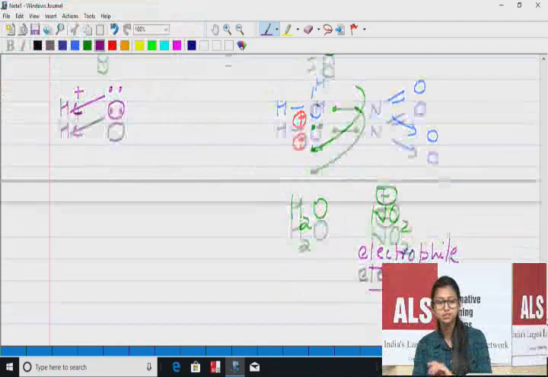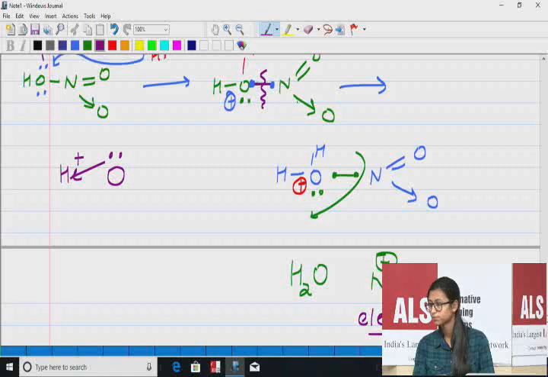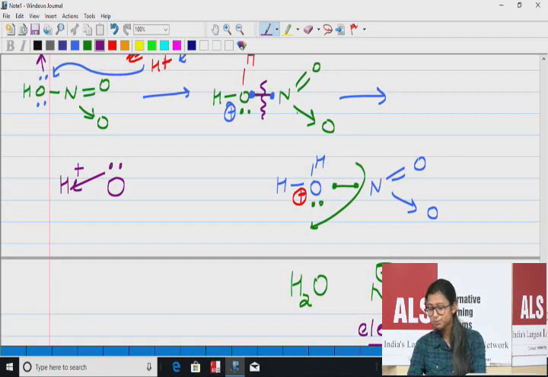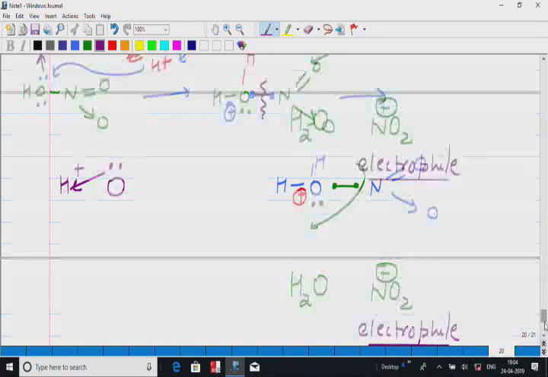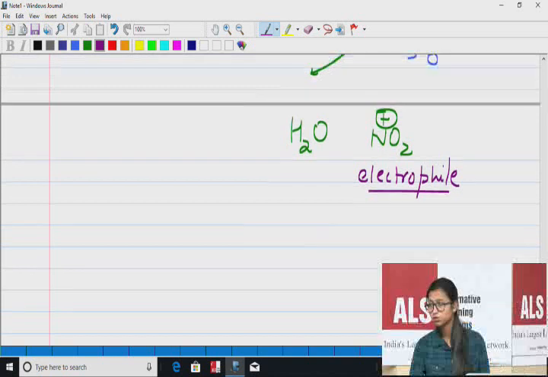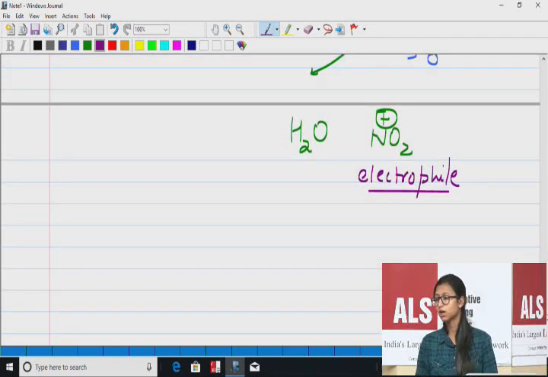Now, Aizwal, is it clear? Quickly tell me if it is clear. Anybody having doubt in this nitration? Okay, no problem.